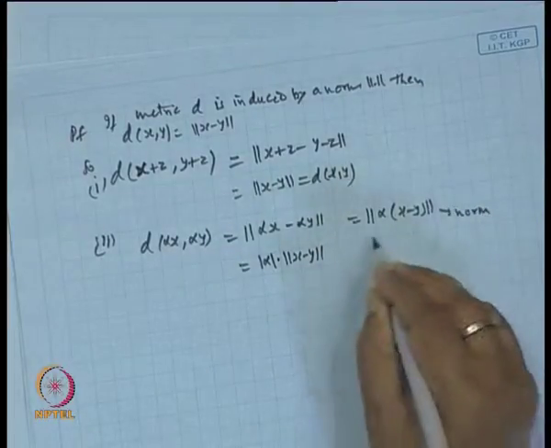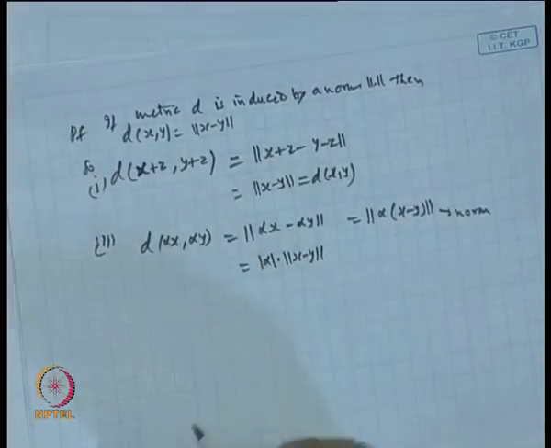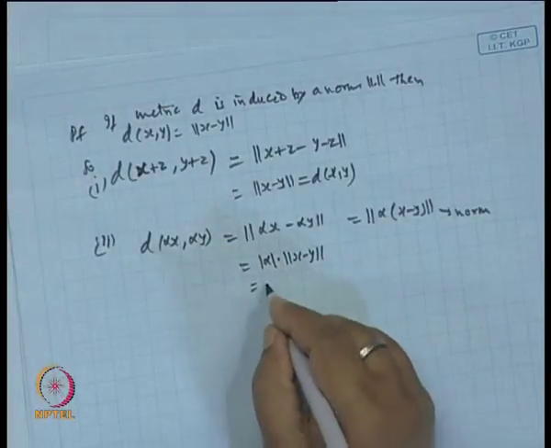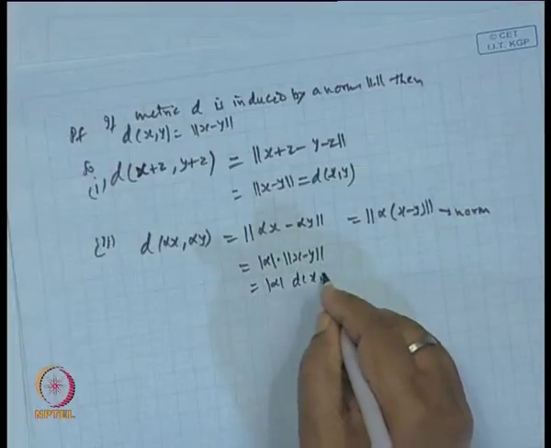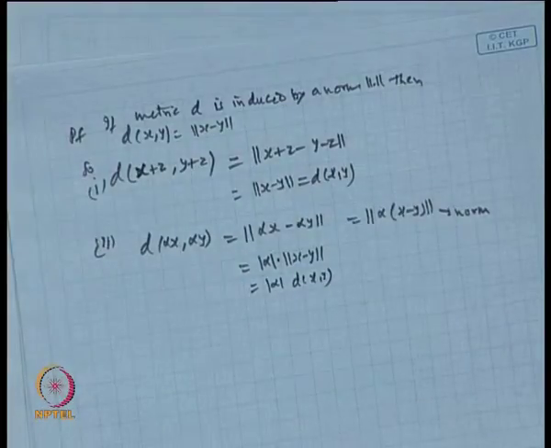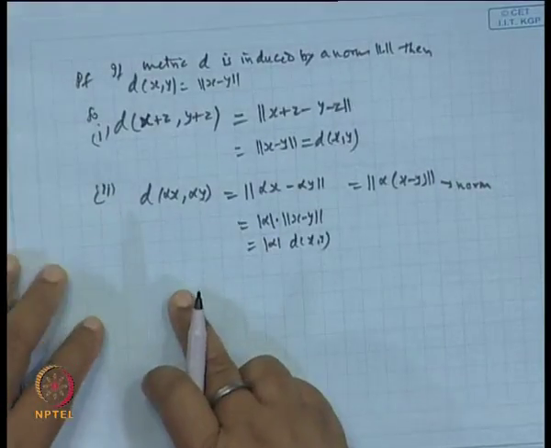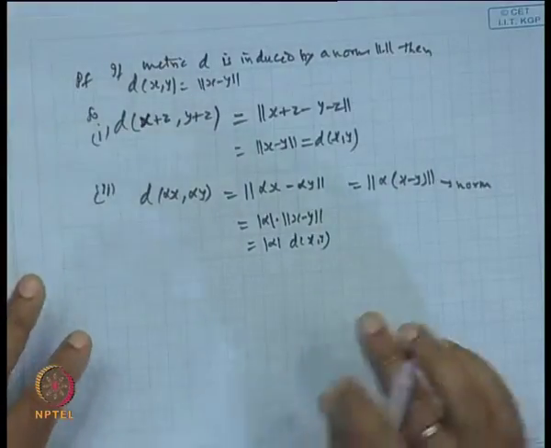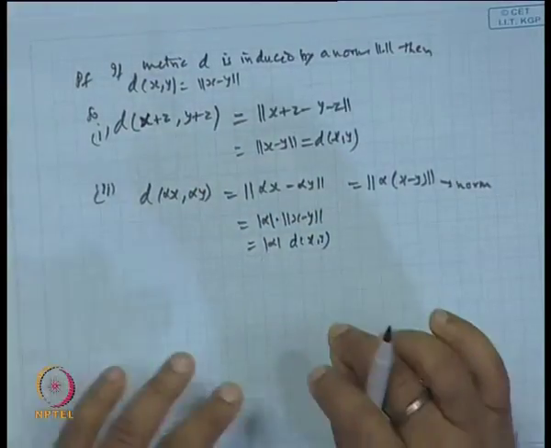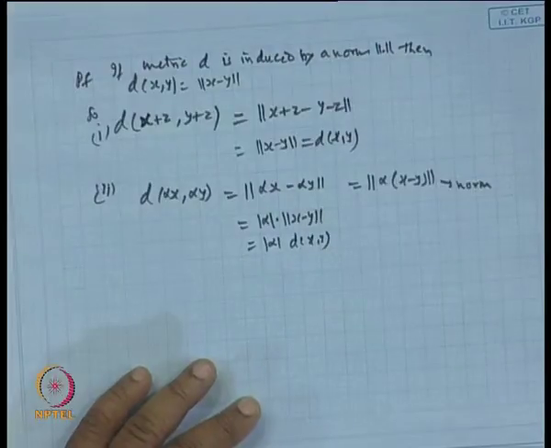Once it is a norm, alpha can be taken outside with the modulus sign. So, we get mod alpha d of x, y. Clear? So, what we see is that if a metric is induced by a norm, these two conditions have to be satisfied, and that is the criterion to judge whether the given metric can be induced by a norm or not.